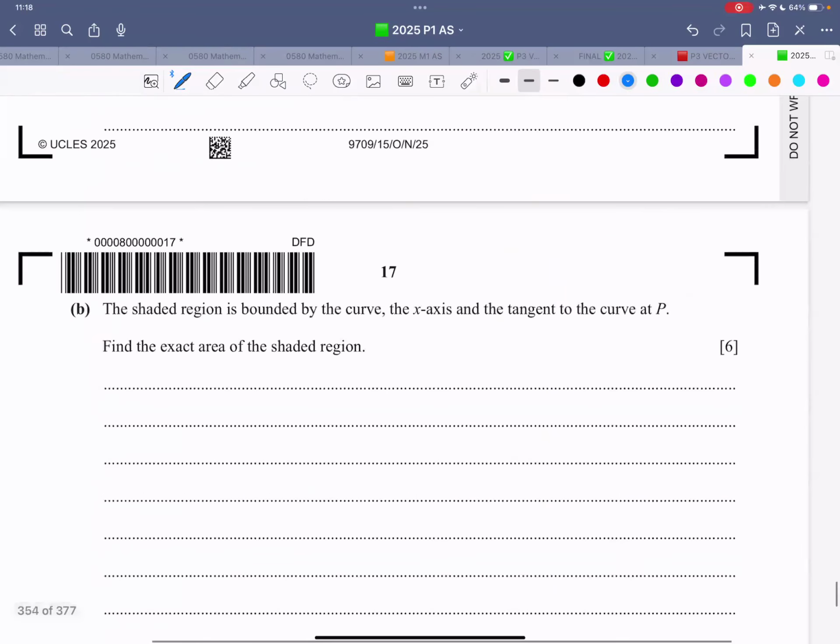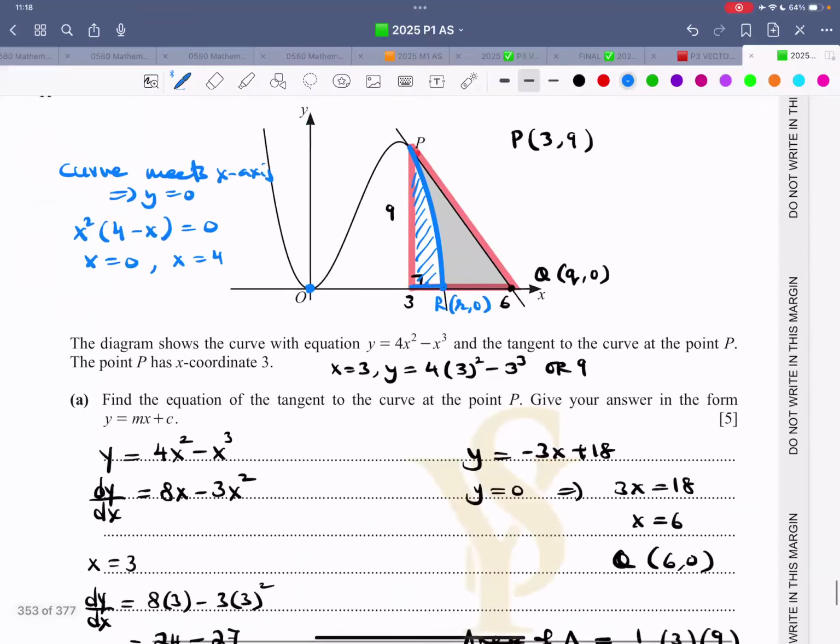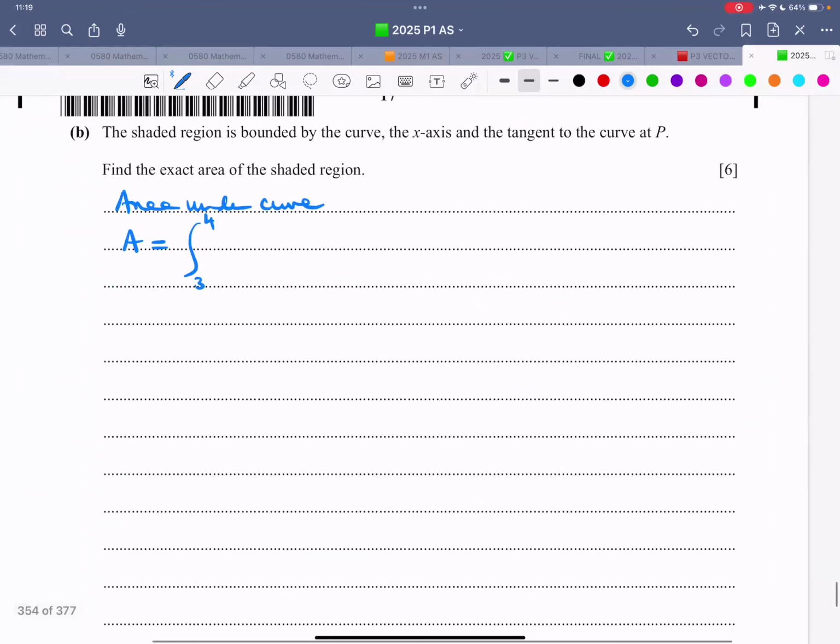So therefore, let me do this thing over here. Area under curve. That is area between the limits. This is 3, this is 4. And what's the equation? 4x squared minus x cubed. That is the integral of 4x squared minus x cubed dx.